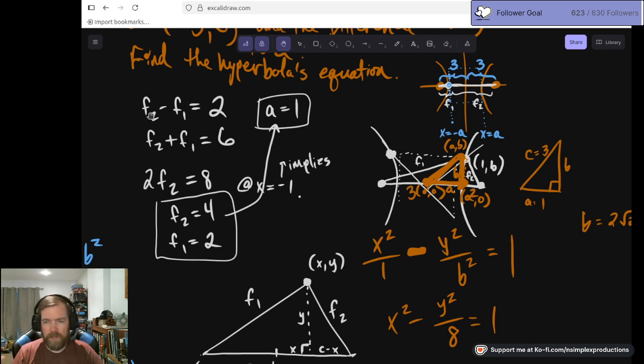So our a value, the a value, which is the vertical stretch factor, no, that's wrong. This time it is the horizontal stretch factor. Also, I don't think we actually had a specific term for a, unlike the ellipses when it was semi-major and semi-minor axis.